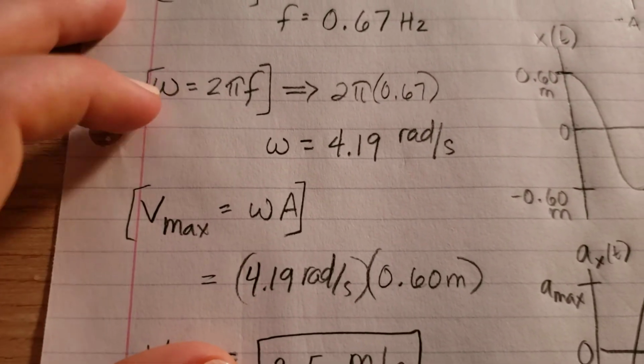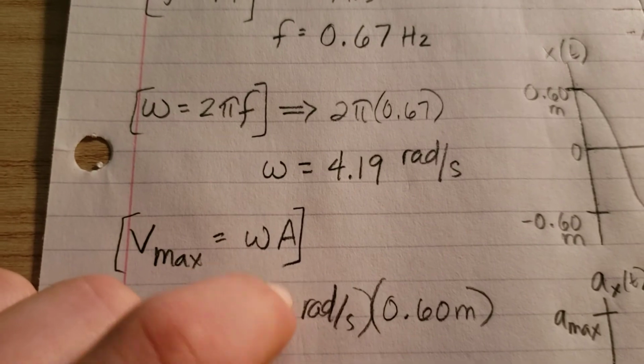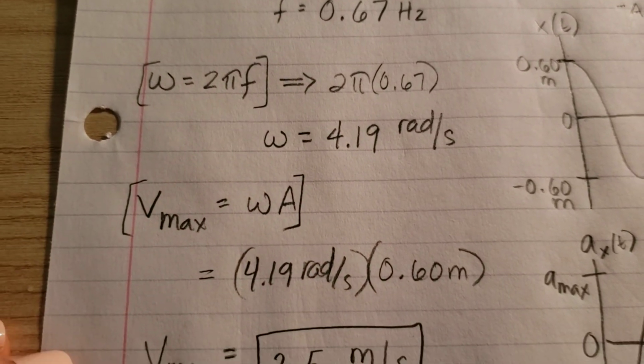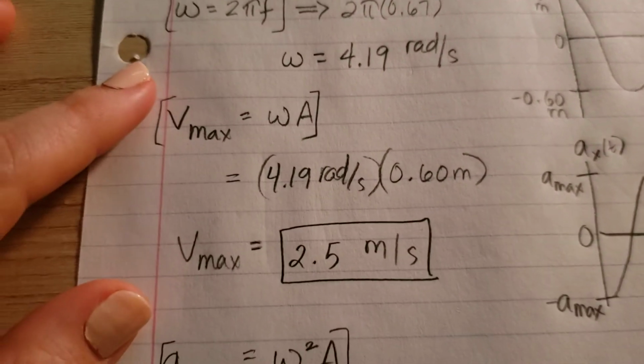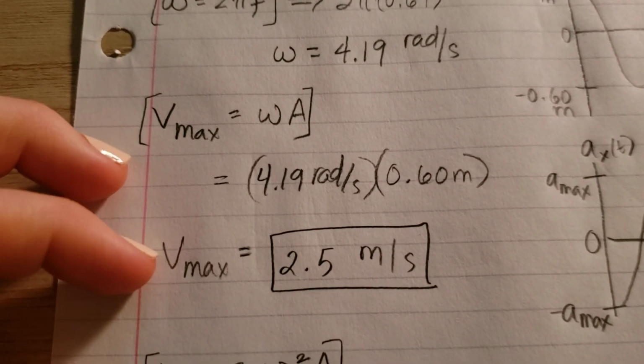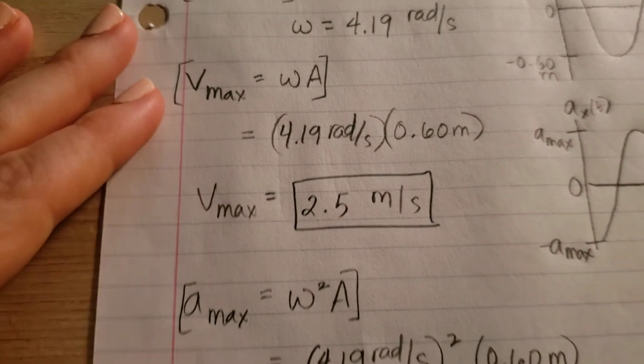Now we can calculate our max velocity using that angular frequency times the amplitude. Plugging those in, we get our max velocity at 2.5 meters per second.